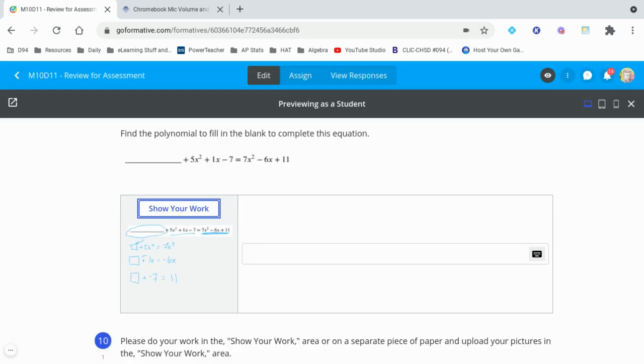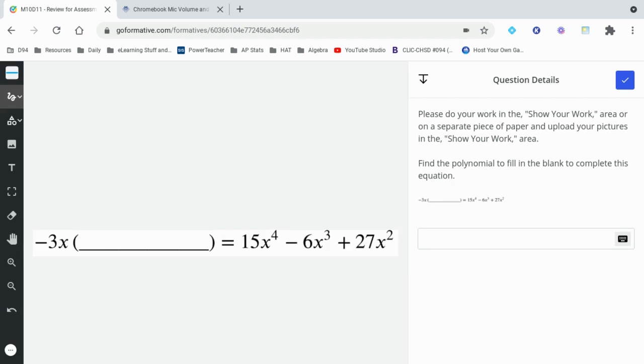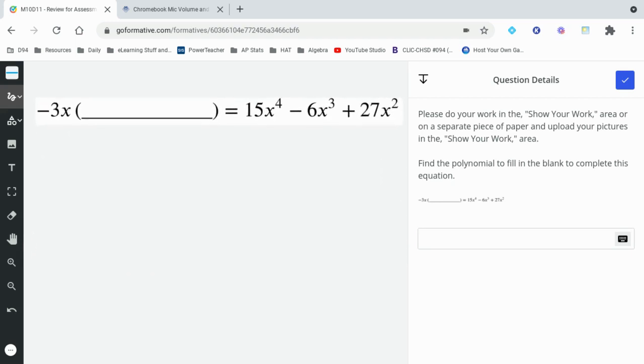Likewise, if we go to the other question, on question number 10, it's the same idea. We need to come up with a polynomial here that when I multiply negative 3x by something, that's going to get me 15x to the fourth. I need that negative 3x because, again, remember, this is going to be distributing here.